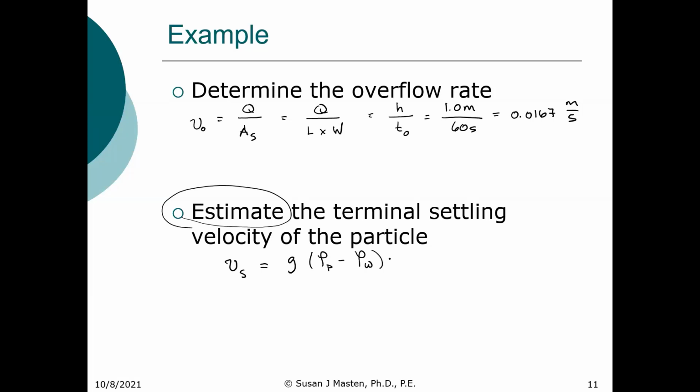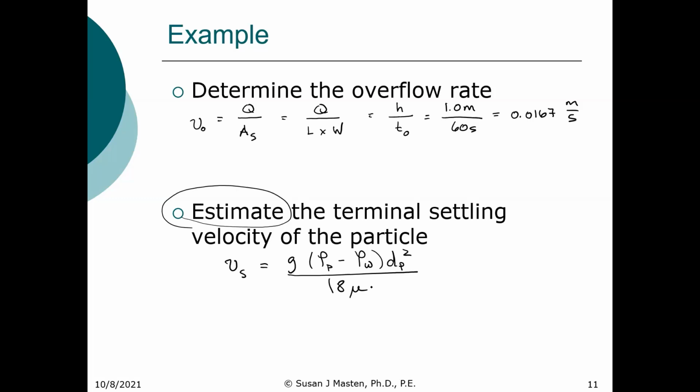It's just Stokes' law. So gravitational acceleration times the difference between the particle density and the fluid density times the diameter of the particle squared divided by 18 times the dynamic viscosity.